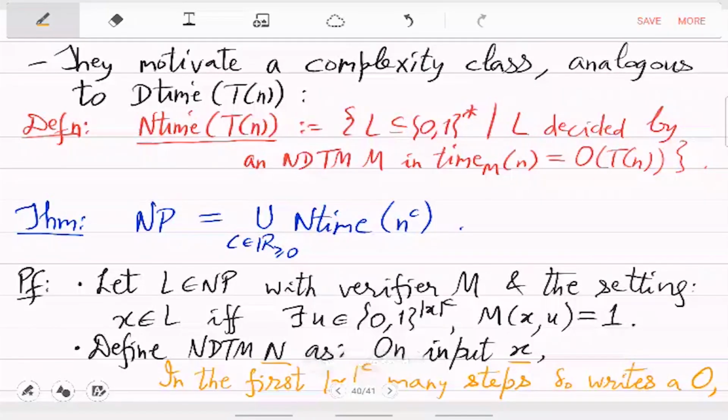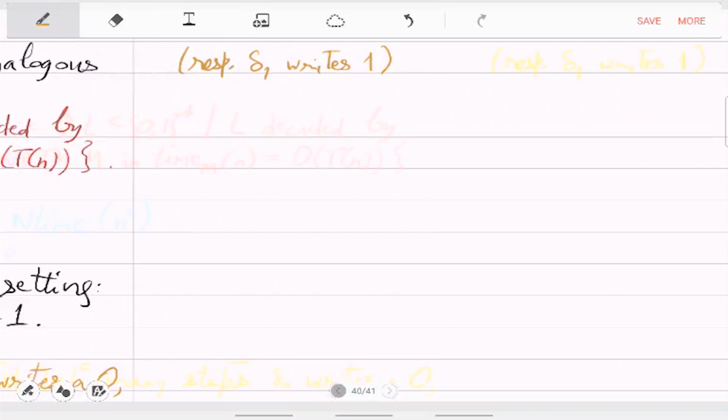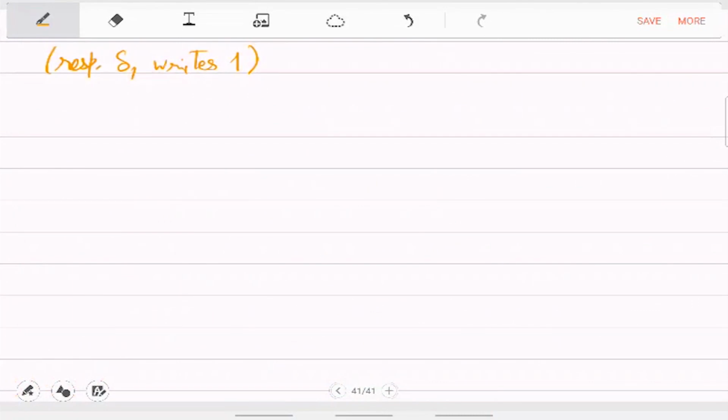This is the initial part of the computation of N on input x, and then it will use this string as a certificate U. It will pretend as if this is a certificate, and it will do the computation of x comma U based on M. So, in the first these many steps, delta 0, delta 1 write on the work tape and move right.